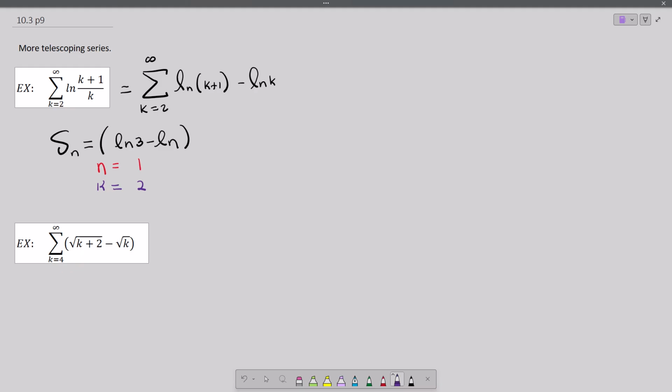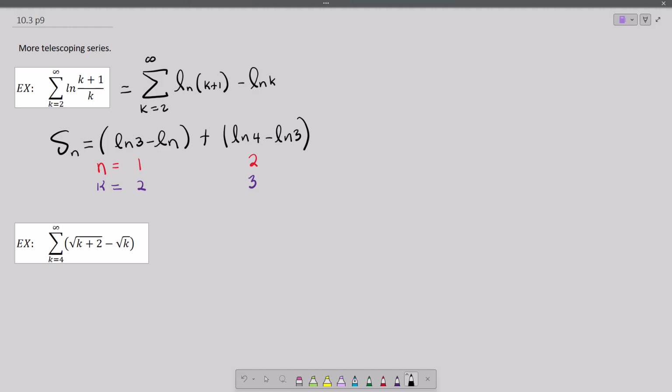And then we go to our second term, which corresponds to k equals 3. We plug in k equals 3 here, and we get ln of 4 minus ln of 3. So that right there is S sub 2. S sub 2 means add the first two terms together.